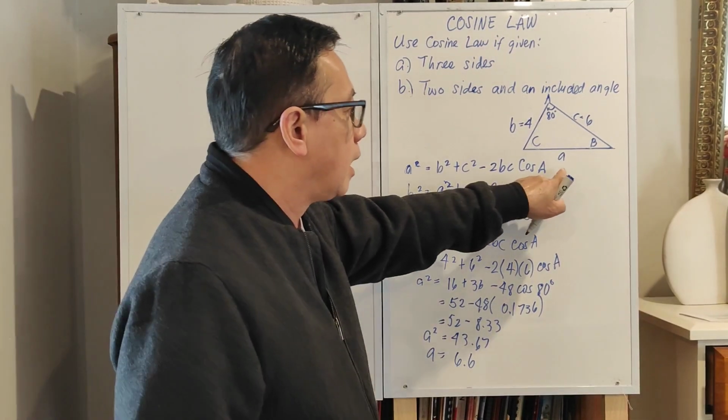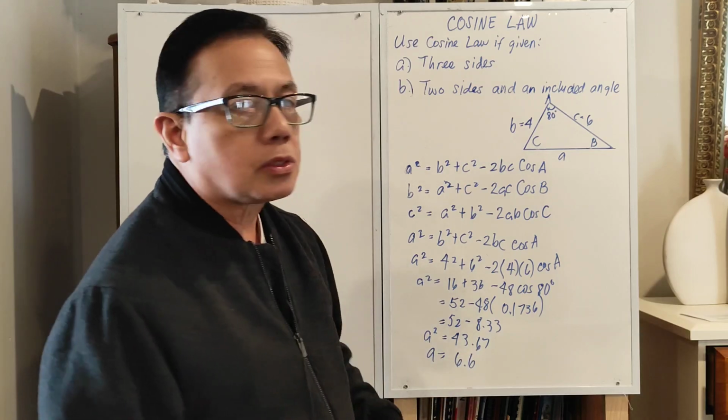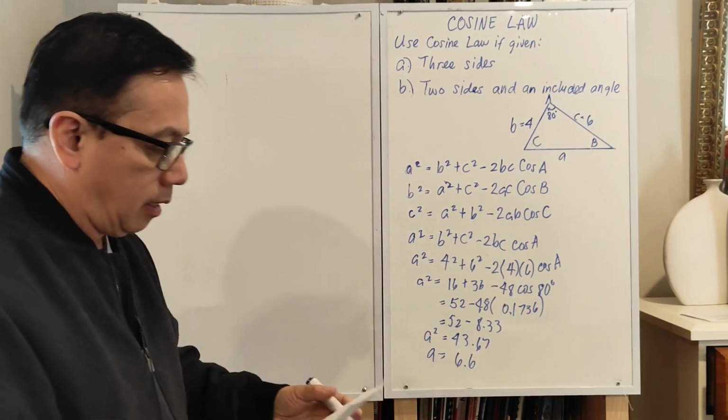Now that we have a side opposite an angle, we can now use sine law to get the next angle.